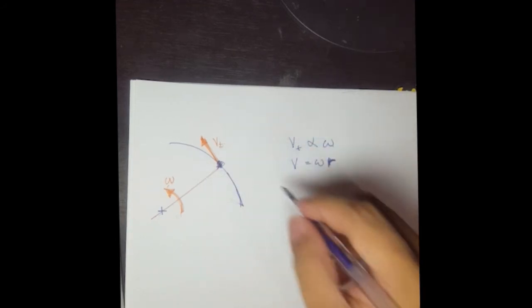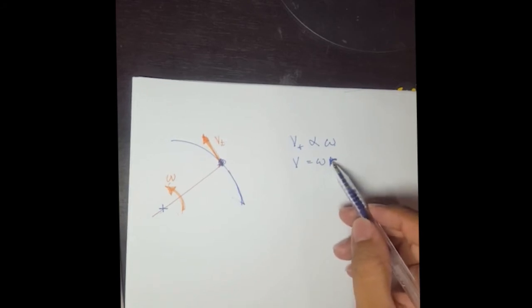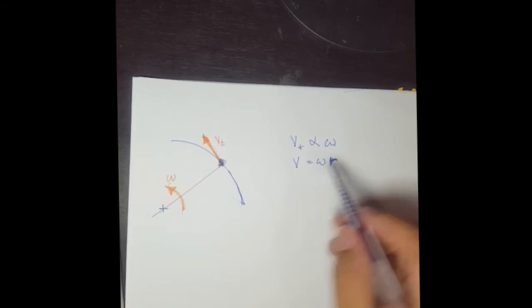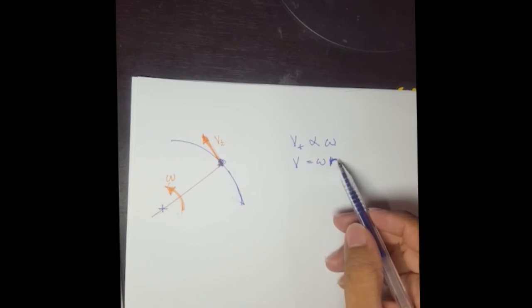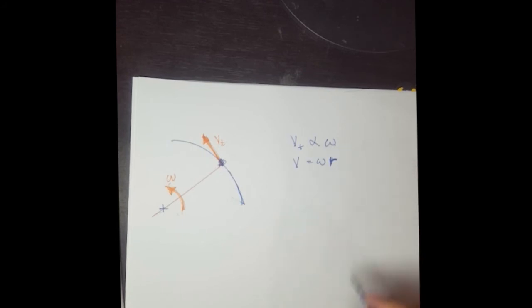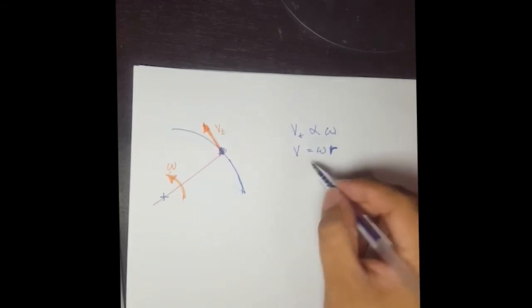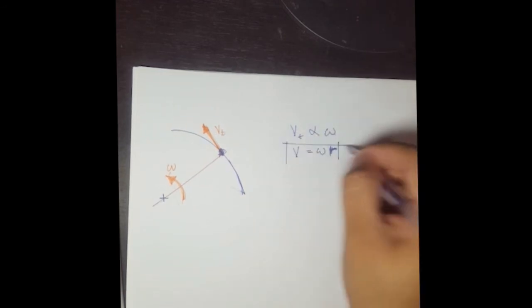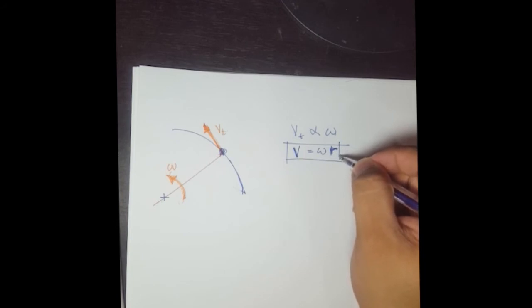In our figure, it so happened that it's the radius, but you can mean actually any position from the center point to the point of interest. So here they say this is the relationship. So v is equal to omega times r.